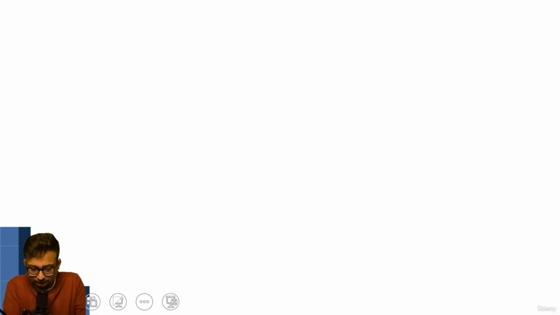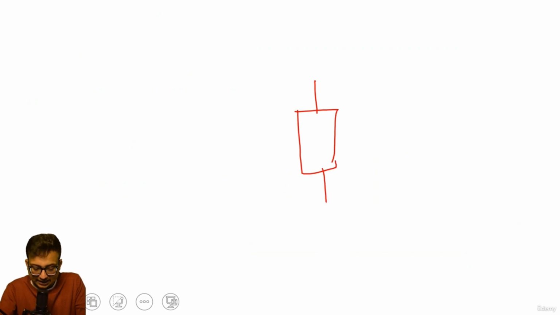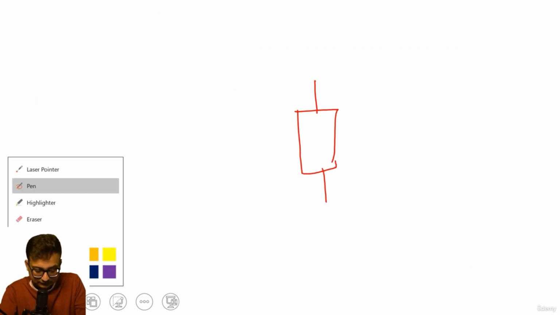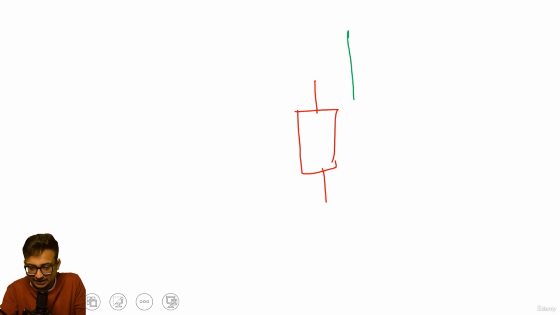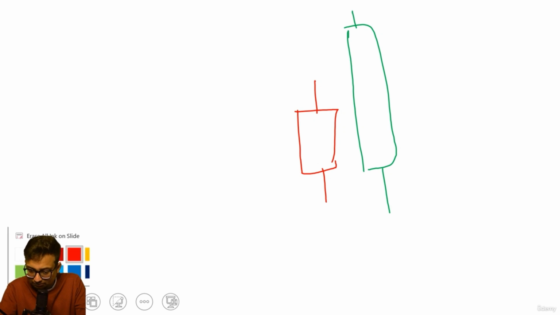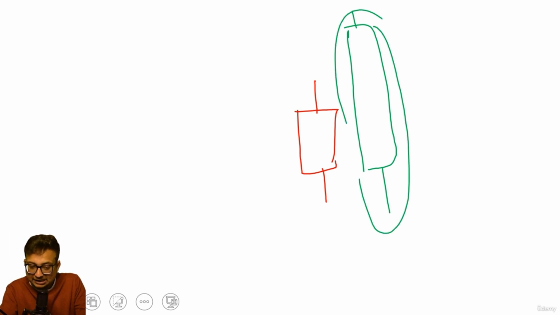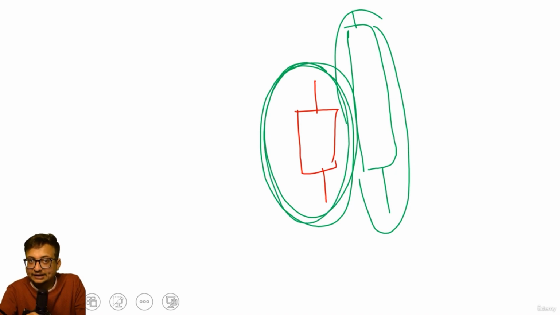This was the small candle, right? And after that, there is a very big candle, and this big candle is able to eat or grasp the entire small candle.